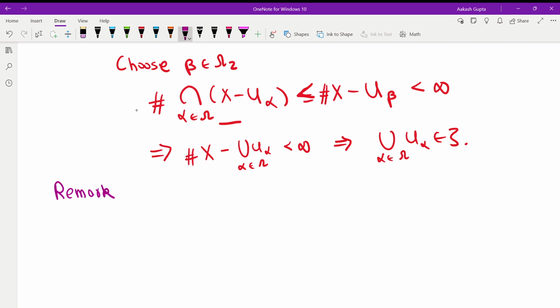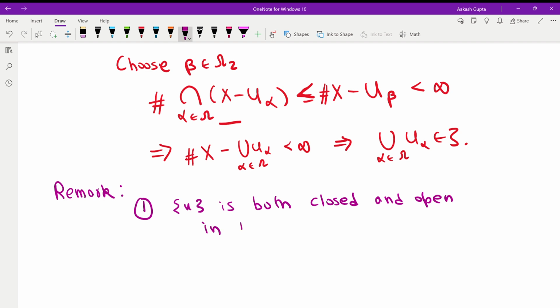So remark, number one, singleton x is both closed and open in the fourth space.